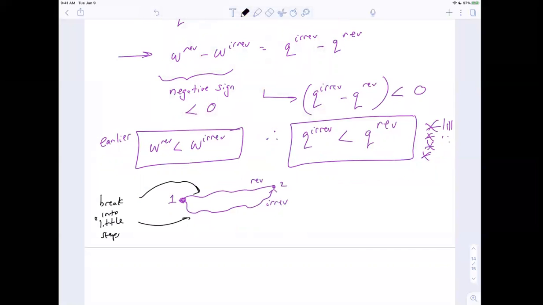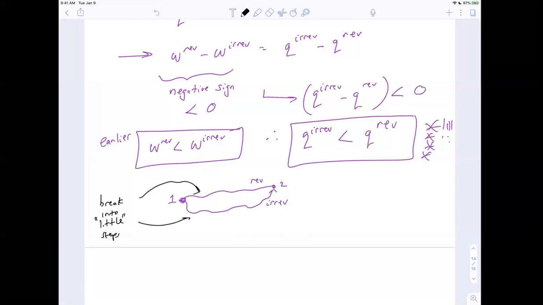And I'm using little as a very unsophisticated way, but you get the idea. What I'm doing here is making differential steps. So if I go from 1 to 2, reversibly or irreversibly in differential steps, each one of those differential steps is like saying, all right, I have a mini process of 1 to 2. All I'm going to do is add up all those mini processes from 1 to 2, 1 to 2, 1 to 2.